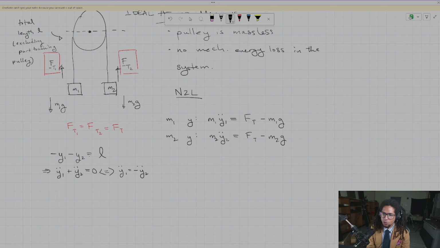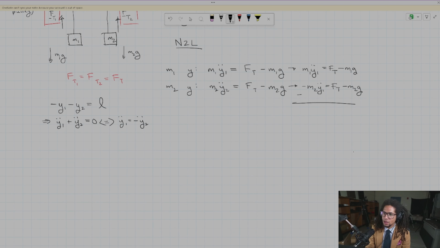Okay, so what we can do is rewrite this second equation in terms of y1 double dot. So we get minus m2 y1 double dot is equal to ft minus m2g. Now we're going to just subtract these equations from each other. m1 y1 double dot is equal to ft minus m1g. So as I said, I'm going to subtract these. That's going to eliminate my force of tension.